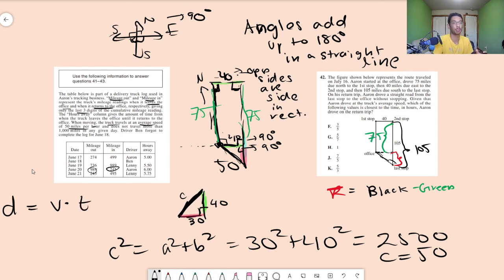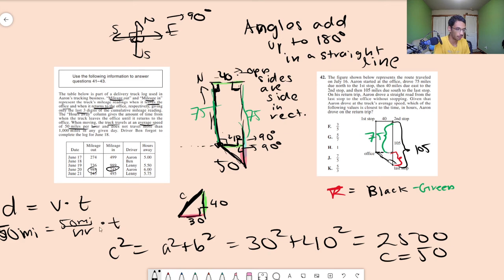If you take the speed of something and multiply it by the amount of time it takes, you get the distance. Here we have 50 miles traveled from the last stop to the office, and the speed is 50 miles an hour.